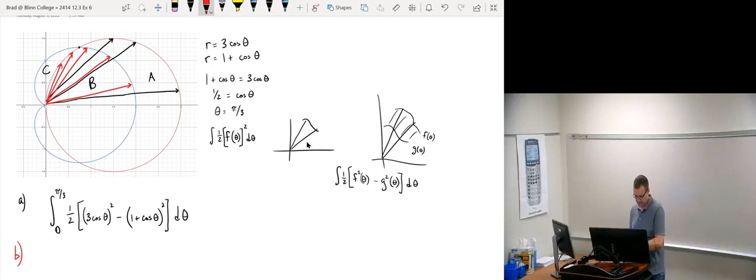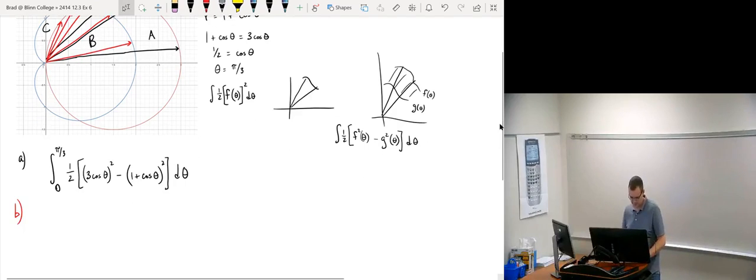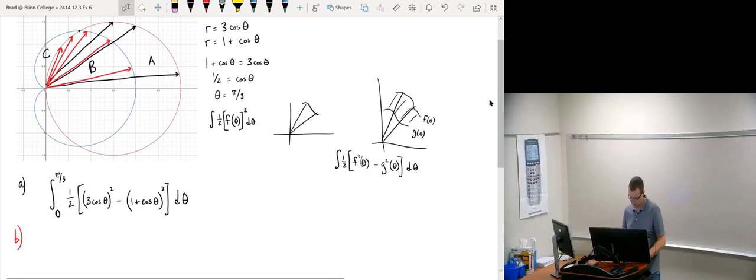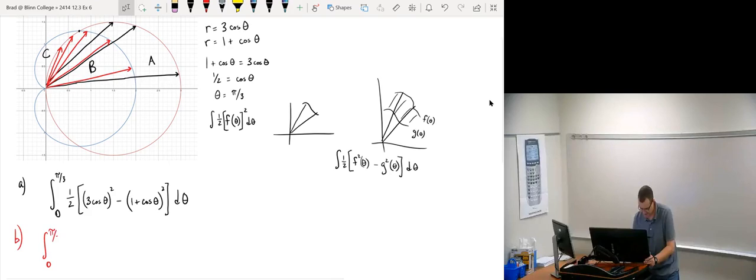So let's set that up. For the first part, we're on the cardioid, so 1 plus cosine theta. That goes until the intersection point, and then we can see these arrows after that are hitting the circle.